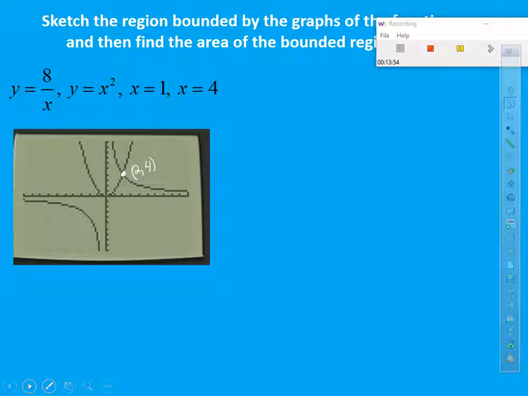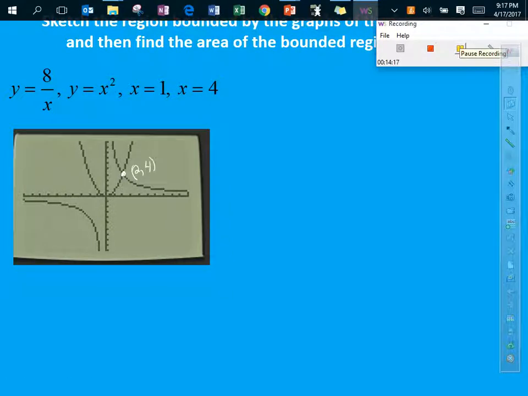Once again, I graph the hyperbola 8 over x, and then I graph the parabola y equals x squared. Now, we're also going to have some vertical lines in there. We're going to have the vertical line x equals 1 and the vertical line x equals 4. So let's come in and also draw in our vertical lines.